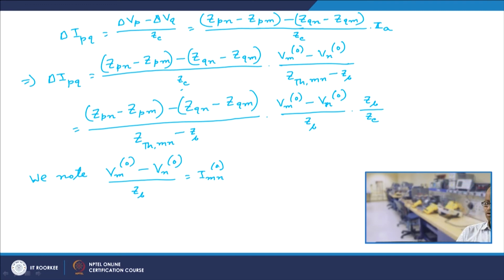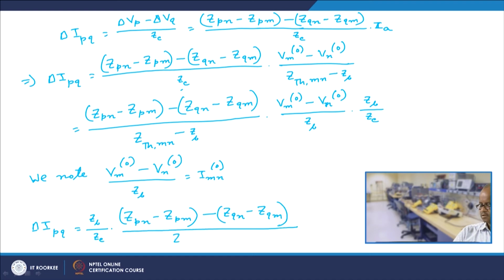So, then therefore, what we can write down is delta Ipq is equal to Zb by Zc into Zpn minus Zpm minus Zqn minus Zqm, by Z Thevenin mn minus small zb, into Imn naught, right.